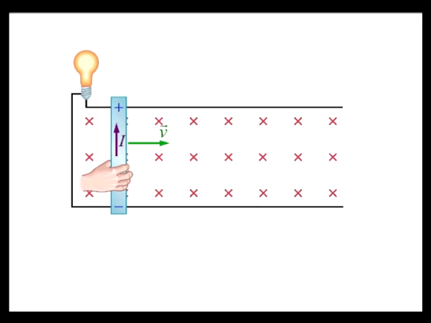The current, and hence the rod, experiences a magnetic force whose magnitude is given by equation 21.3 as F equals ILB sine theta, and is equal to ILB since theta equals 90 degrees. The direction of this force is specified by the right-hand rule and is opposite to the velocity v of the rod, and thus points to the left.